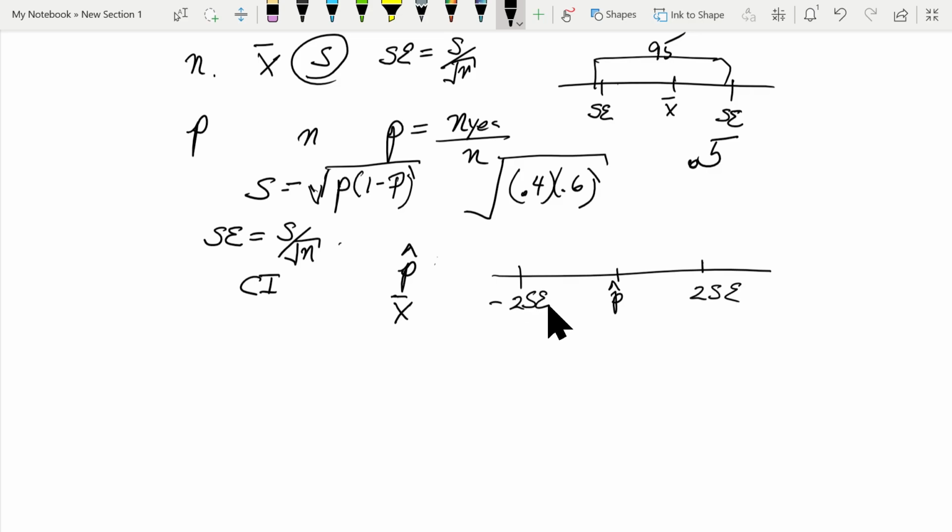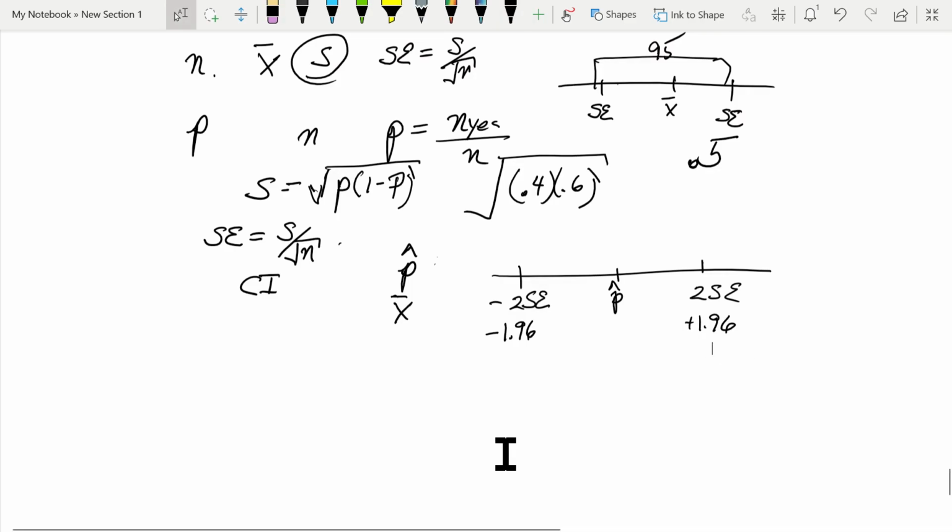Remember the empirical rule. Between 2 and minus 2 is 95%. Between 1 and minus 1 is 68%. So everything with the p uses standard normal distribution. This is actually minus 1.96 and plus 1.96.